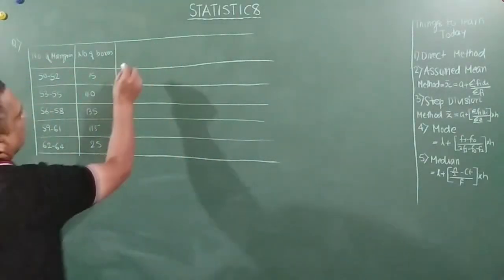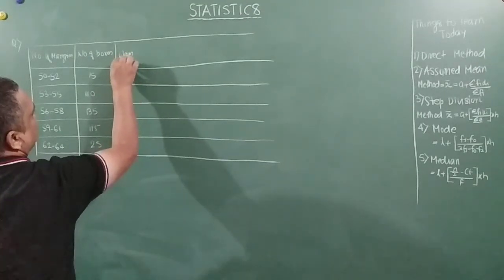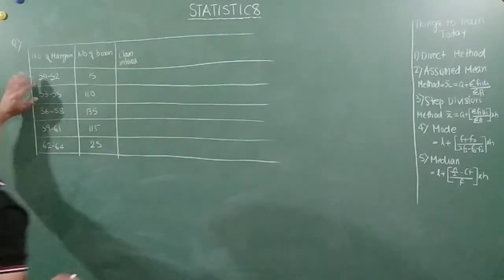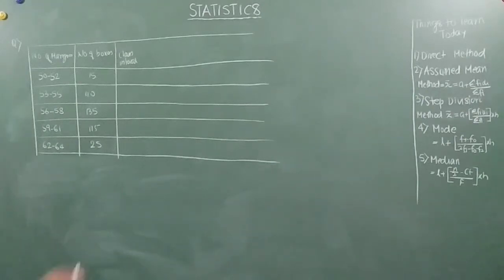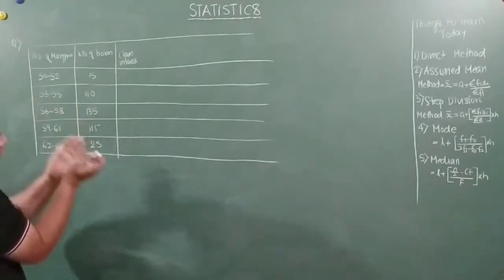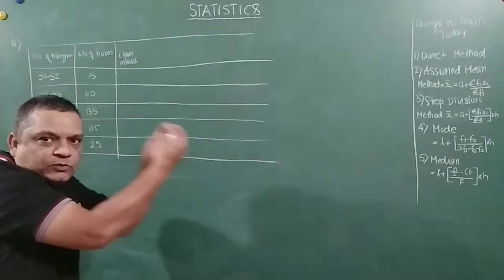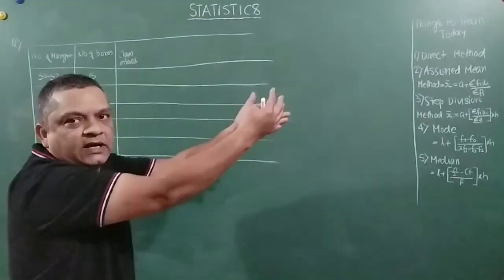So now let us revise the class interval, right? That gap is 0.5, right, friends? So when the gap is 0.5, we are going to subtract 0.5 from the lower class limit and add 0.5 to the upper class limit.